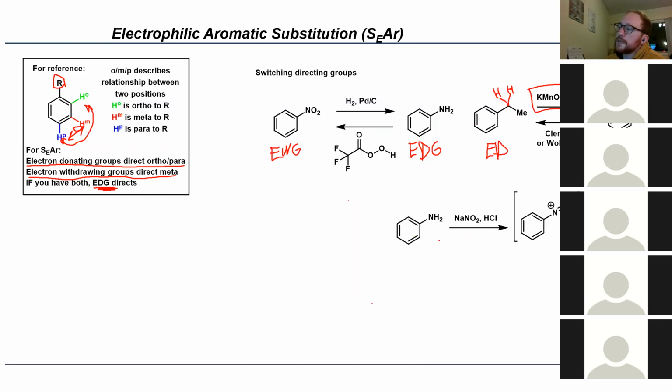And so it involves taking anilines and treating them with sodium nitrite, and then an acid is normally required to form these diazonium salts. And diazonium salts can be diversified in a ton of different ways.